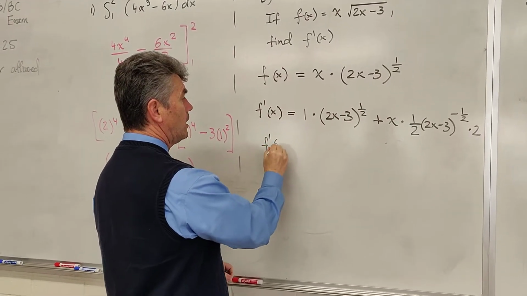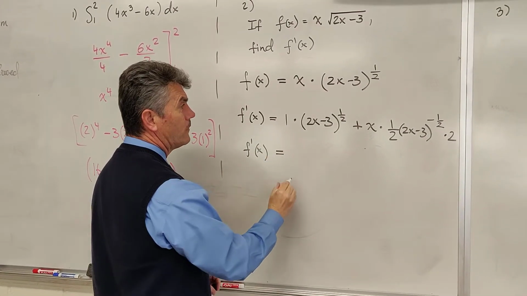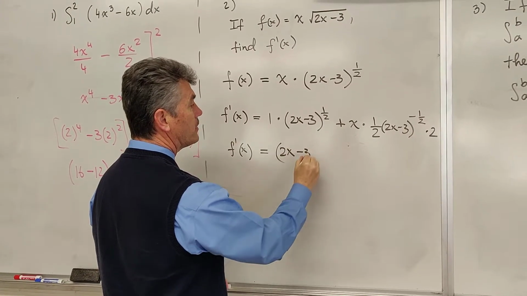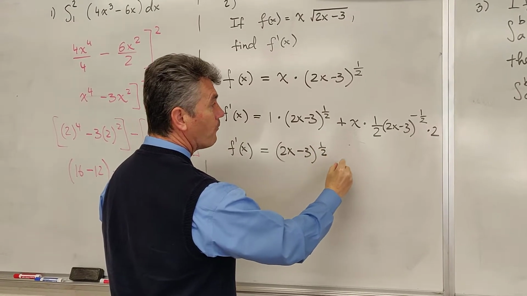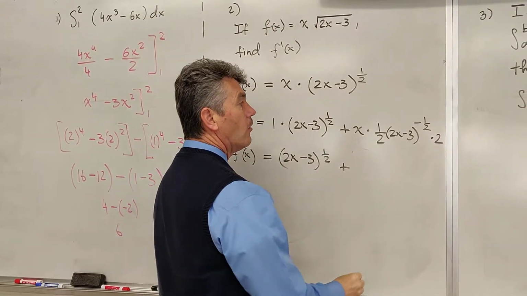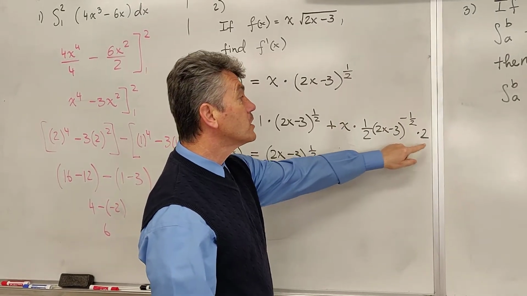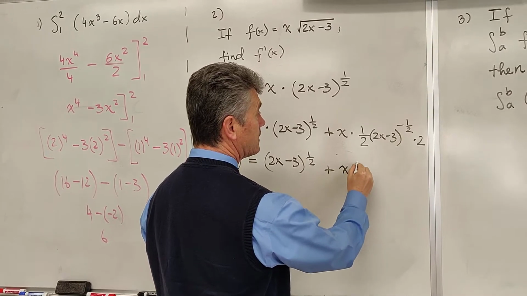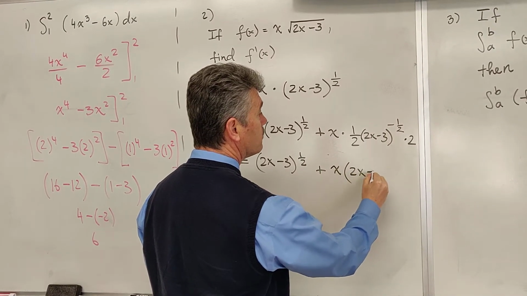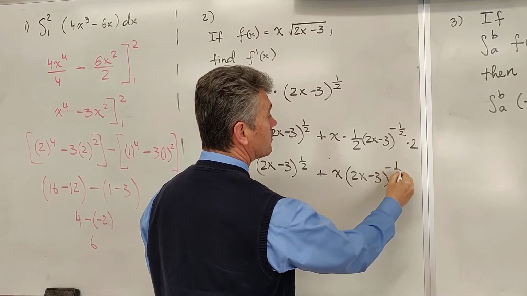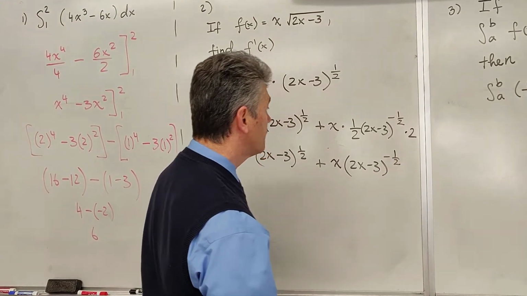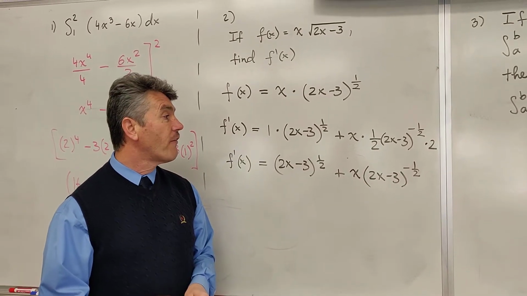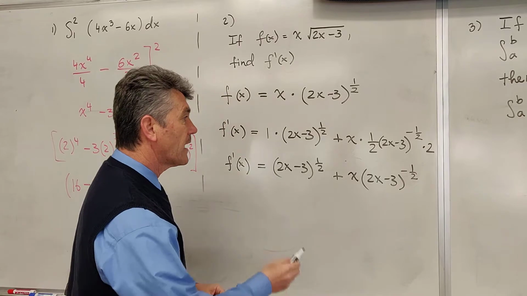Let me make this look better. This is 2x minus 3 raised to the power of 1/2 plus, we notice that the 1/2 times the 2 is equal to 1, so this is plus x times the quantity of 2x minus 3 raised to the negative 1/2. We notice that there is a common factor. So the greatest common factor is 2x minus 3 raised to the negative 1/2.